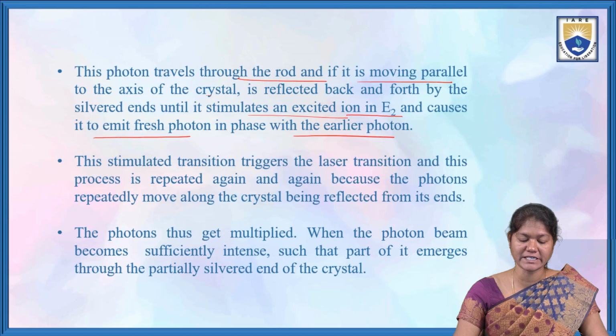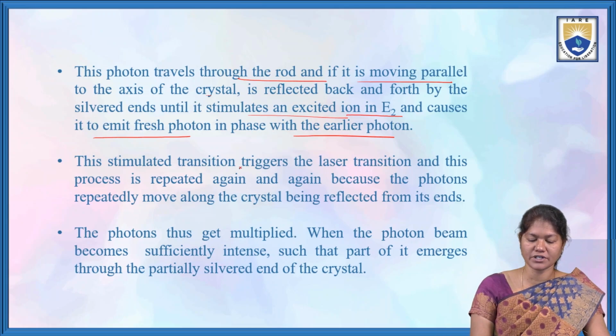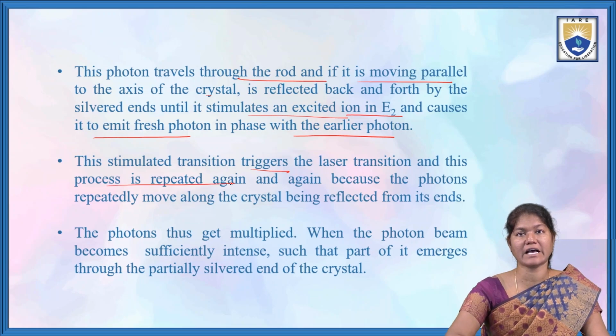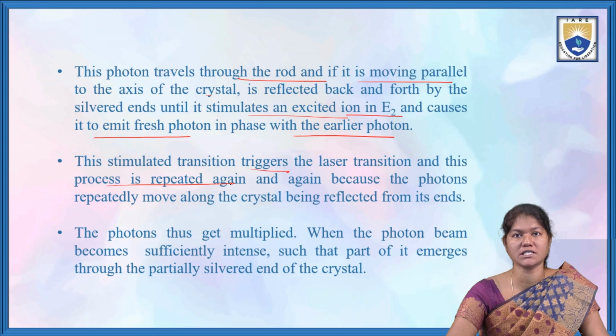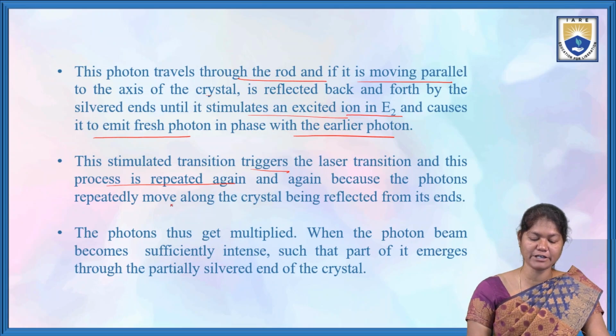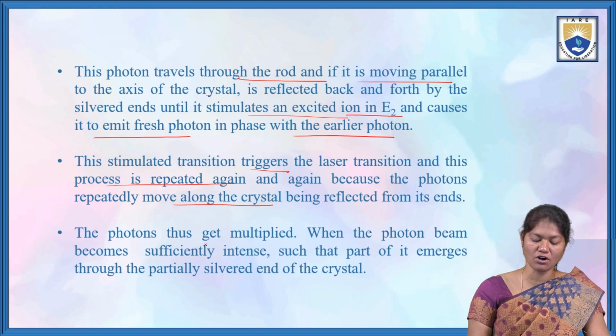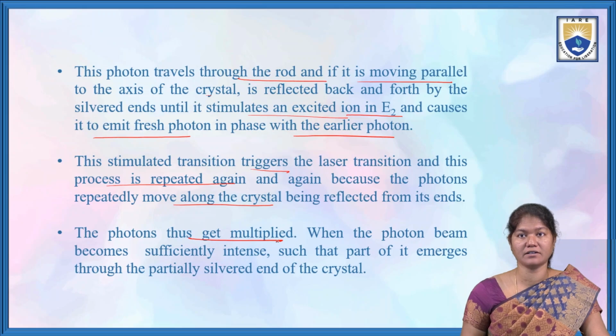So this stimulated transition triggers the laser transition, and this process is repeated again and again because the photons repeatedly move along the crystal, being reflected from its ends. So the photons thus get multiplied.